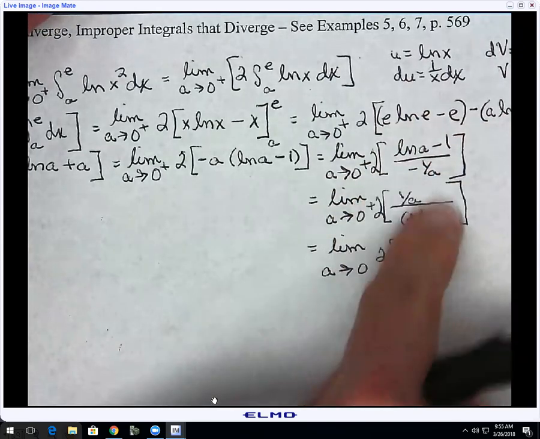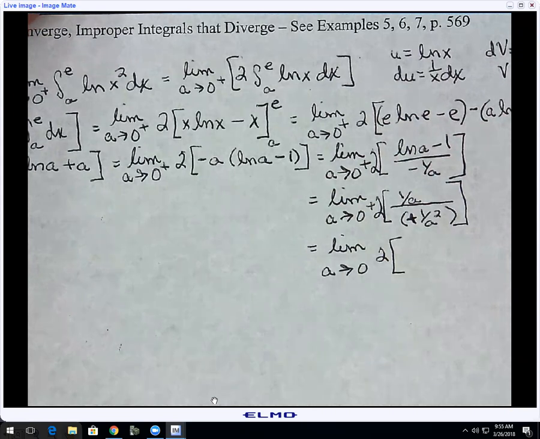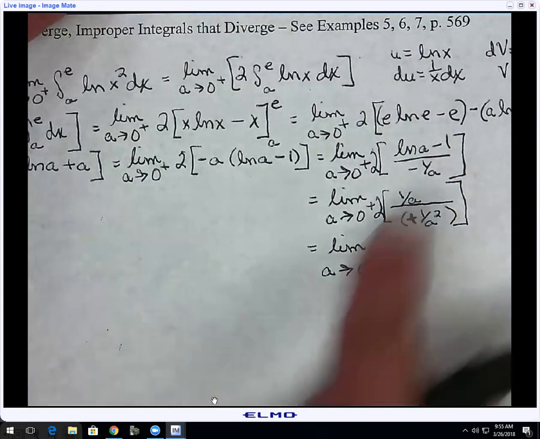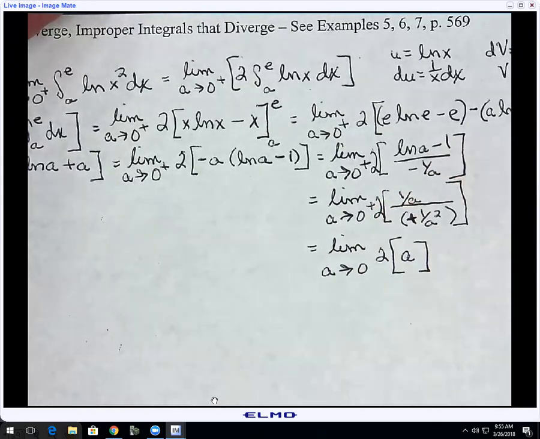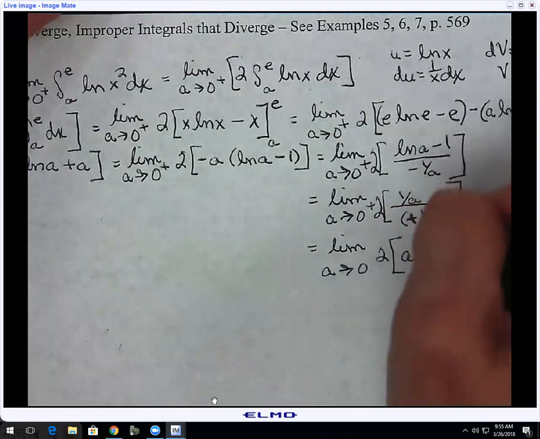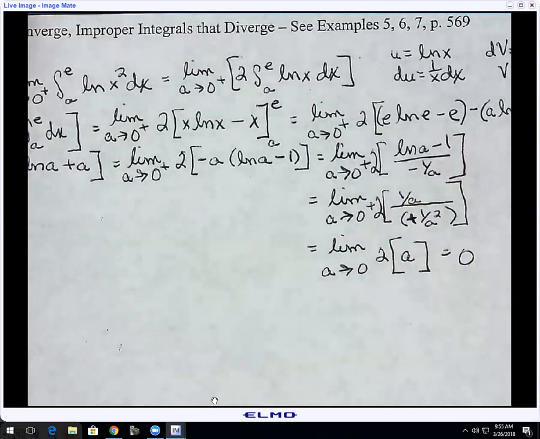What does all that clean up to be? That's just A. So what's the limit as A goes to 0? 0.